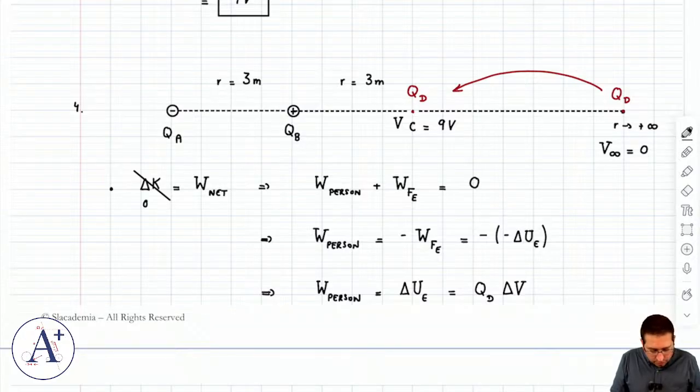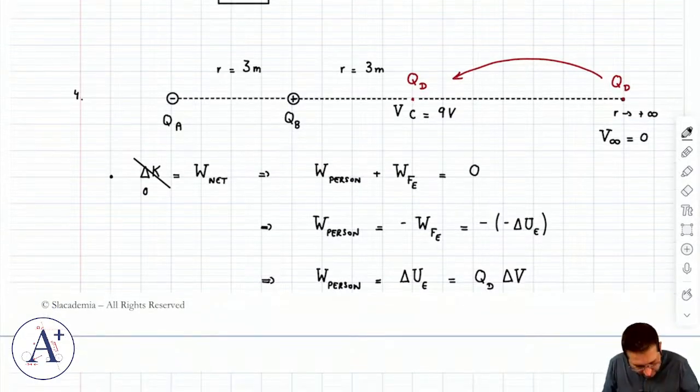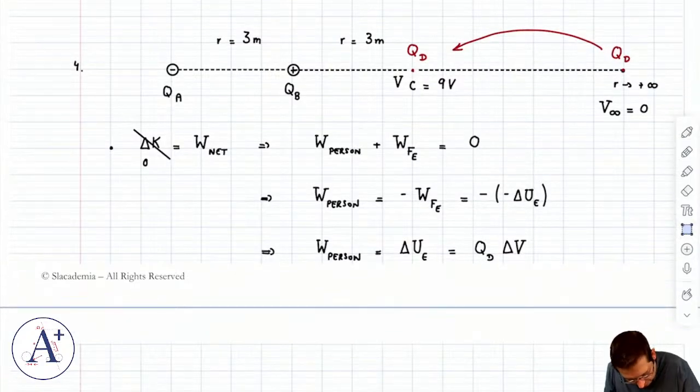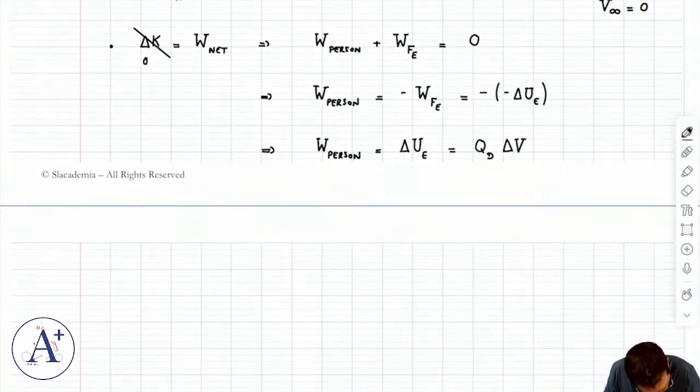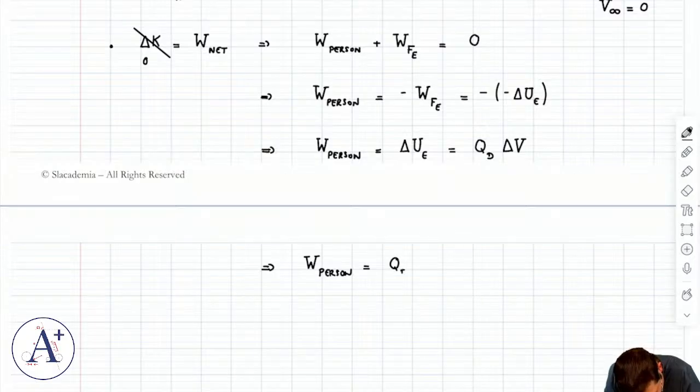So work done by the person is Q times delta V. That's pretty straightforward. Delta V is going to be Vc minus V infinity. So the work done by the person is going to be QD times Vc minus V infinity, which is 0.